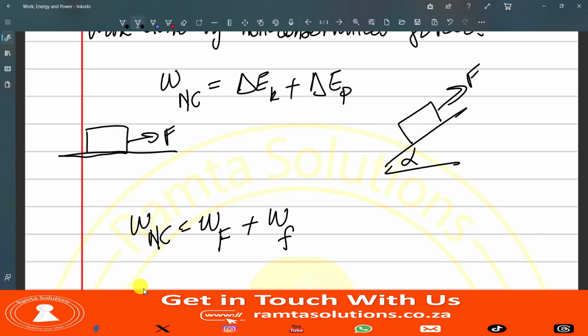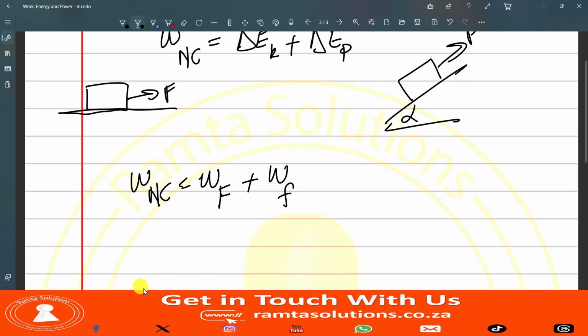It is not a non-conservative force. So in other words, work done by applied force plus work done by friction equals change in kinetic energy plus change in potential energy.